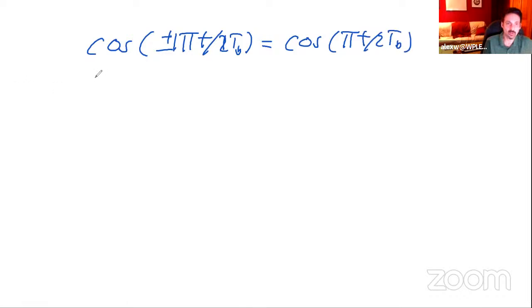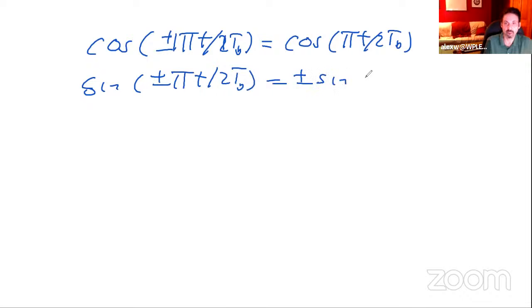Here, on the other hand, this is actually kind of useful. Plus or minus. The sine term actually comes through on the sine side of things. That's great.